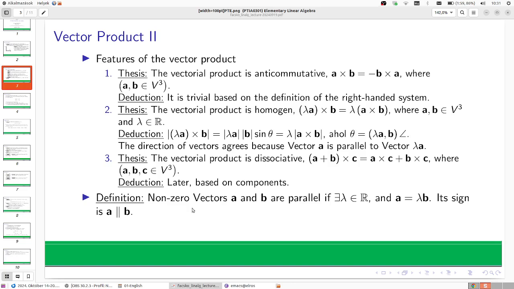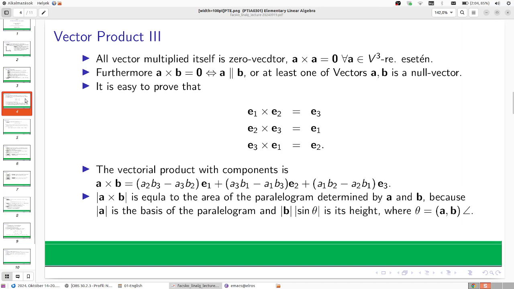If you have two non-zero vectors A and B, and these vectors are parallel, then you can find a number that can transform the length of the first vector to the other. This is it, and this is the sign. Actually, we have defined what is parallel, what is not.